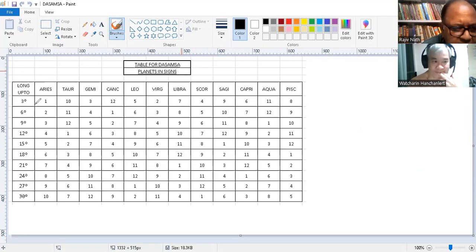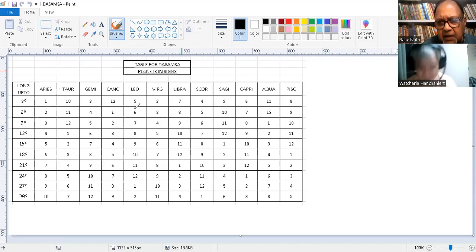Here you will see a difference of 3 degrees: 3, 6, 9, 12, 15, 18, 21, 24, 27, 30. All starting with Aries again, in the same way. If you have to prepare the Dasamsa, this is the table that you need to follow.